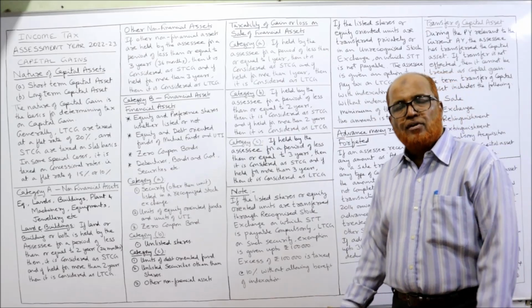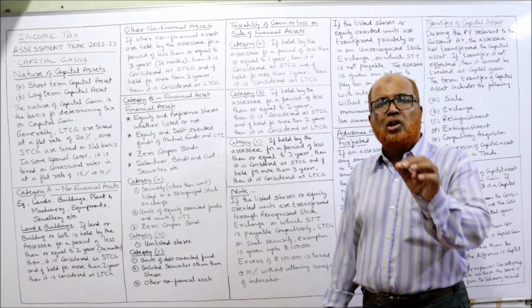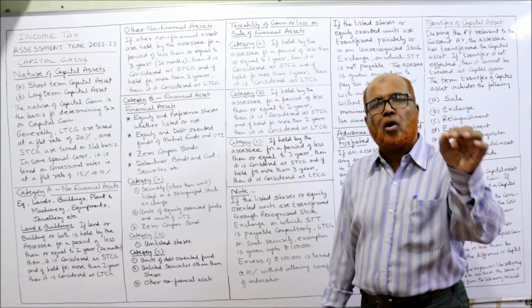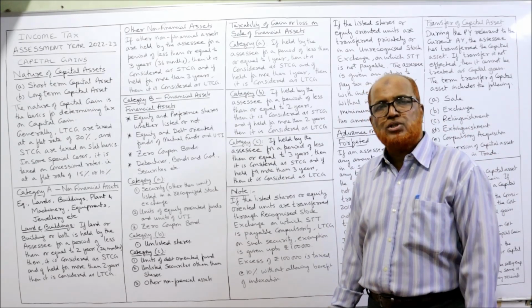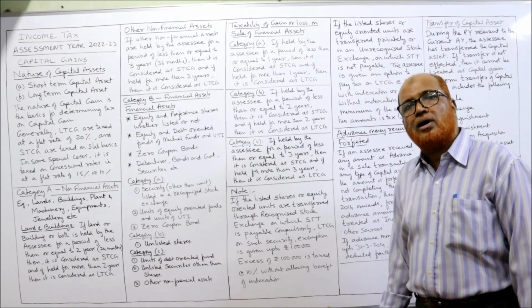Now note, some provisions are given by the Income Tax Act regarding the long-term capital gain on shares. So how to compute the tax on long-term capital gain on shares?